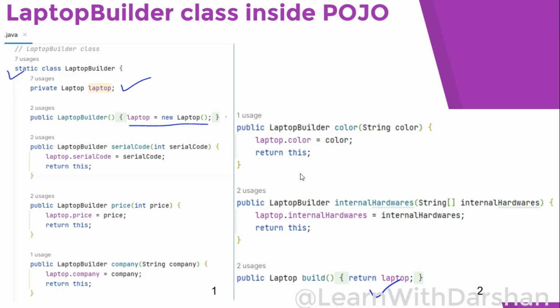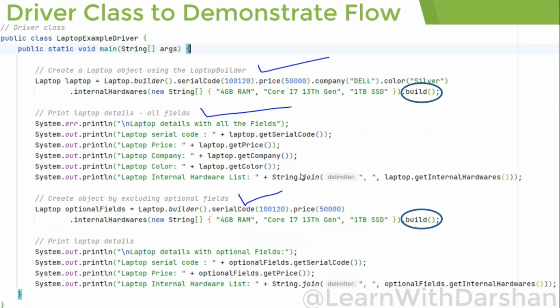Let's move ahead. Here is a driver class to demonstrate the overall flow. I have taken two scenarios. I have created one laptop object with each and every field value, and another object excluding optional fields. In the first, I have created the laptop object using laptop.builder.